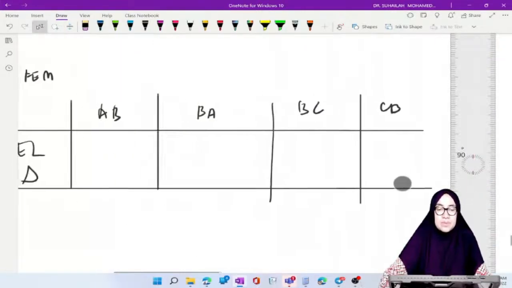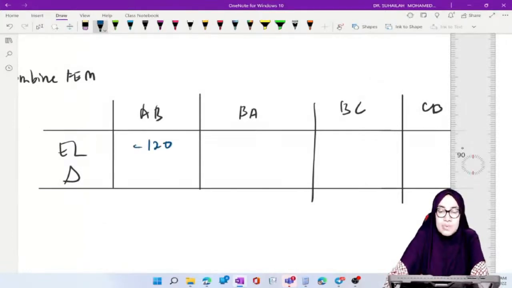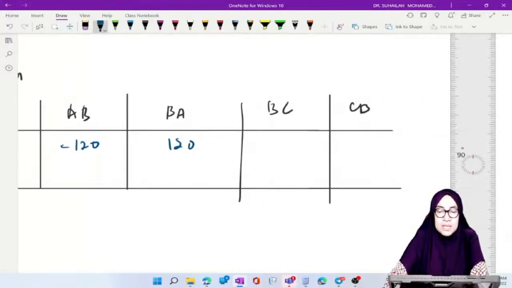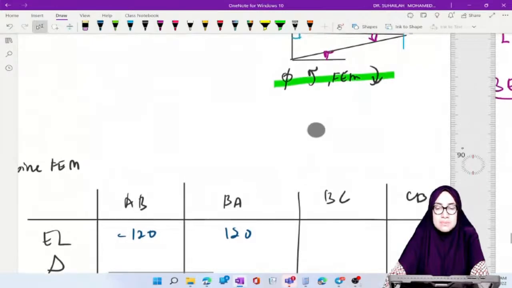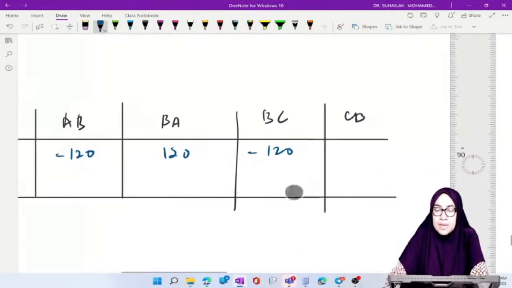So AB is negative 120. BA is positive 120. BC is negative 120 and CB is 120 as well.